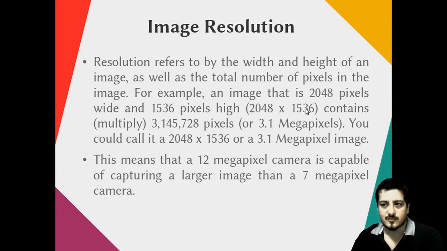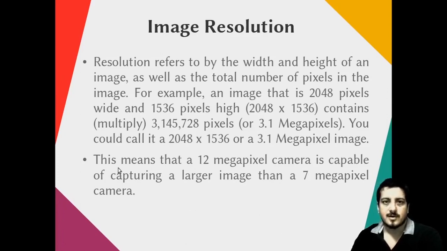If you multiply these two numbers, we get 3.1 megapixels, or you can say 3.1 million pixels. So you can write the technical specification like this: you could call it a 2048 by 1536, or 3.1 megapixel image.